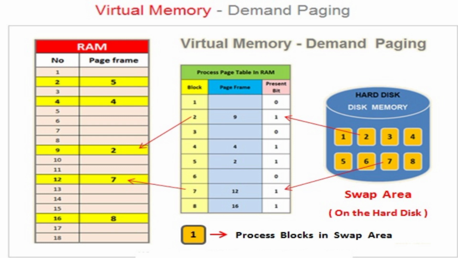Take an example for this. Let's assume an OS requires 300 MB of memory to store all the running programs.